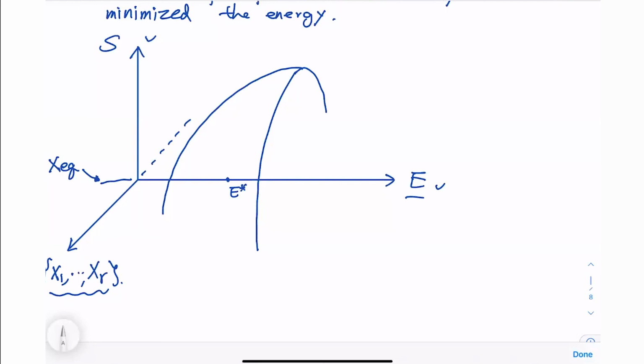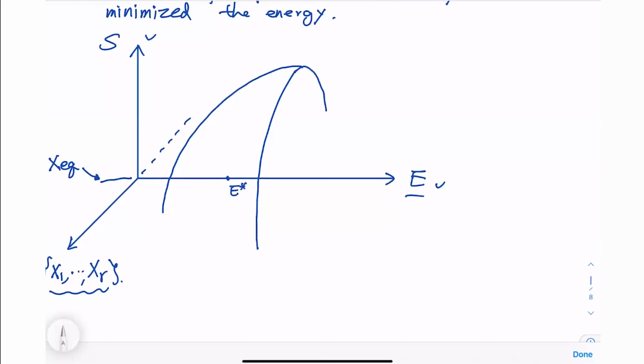And let me try to draw another surface which represents the plane with fixed E star, and basically this plane will cut the surface of the entropy function in a specific way, like that.